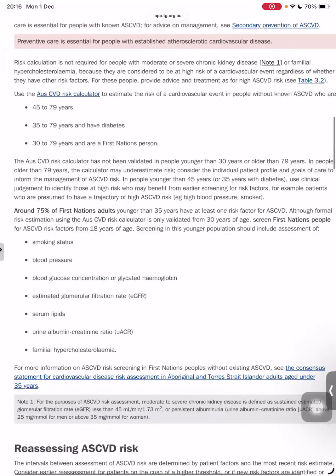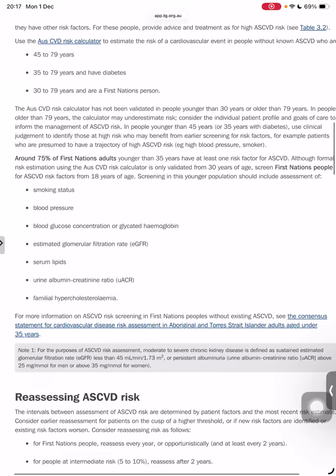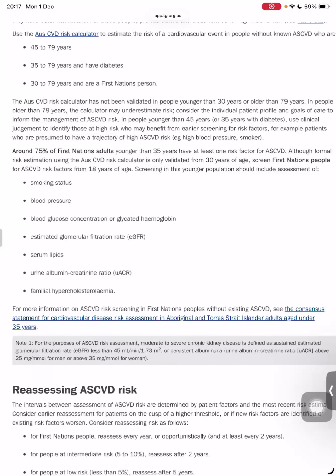So here you have to remember four points. The main three categories: everyone without any cardiovascular disease, number one from 45, patients with diabetes 35, First Nation people from 30. Below 30, we have to assess their individual risk factors, from 18, like smoking status and blood pressure.